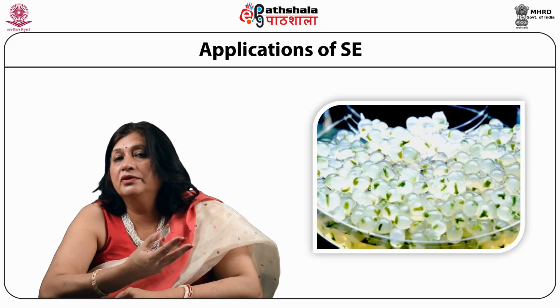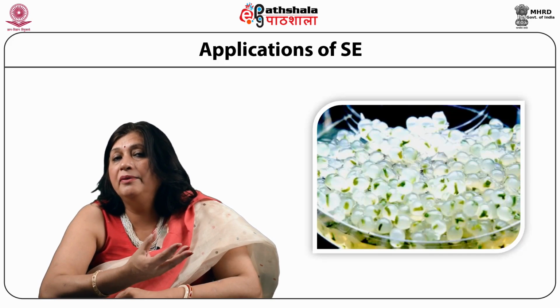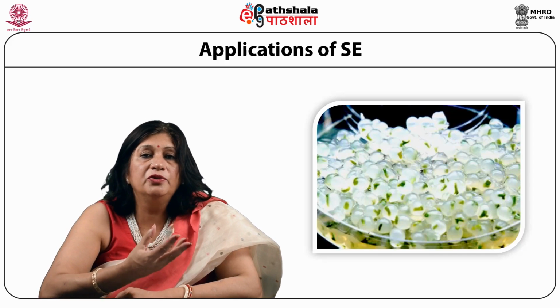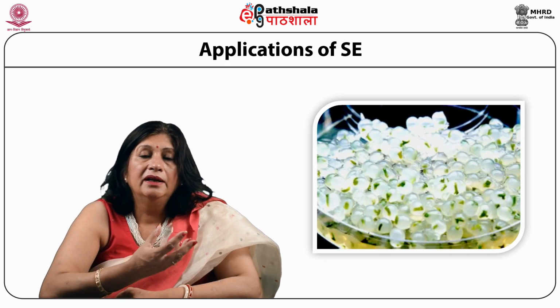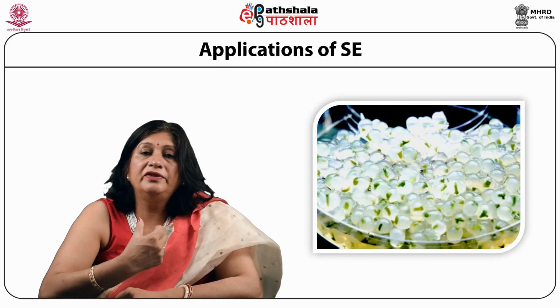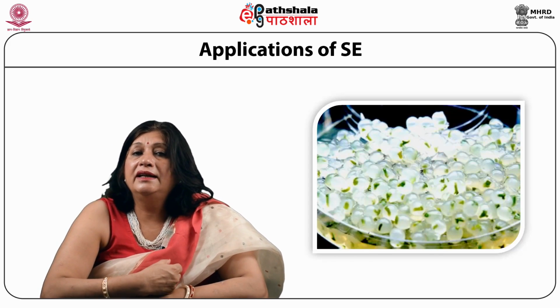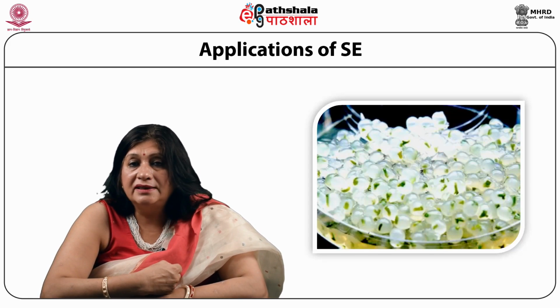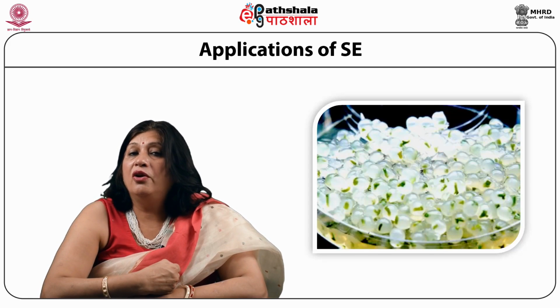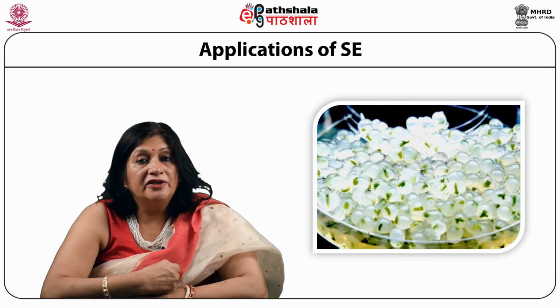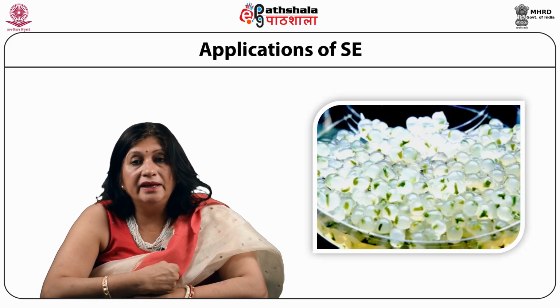Long back, it was also thought, and to some extent it still holds true, that there is a certain threshold, so it is usually the diploid cells which will give rise to somatic embryos. Now, what does this mean? One of the most serious objections against callus is that callus cells divide very fast. It's not all the time that the complete set of chromosomes duplicates.